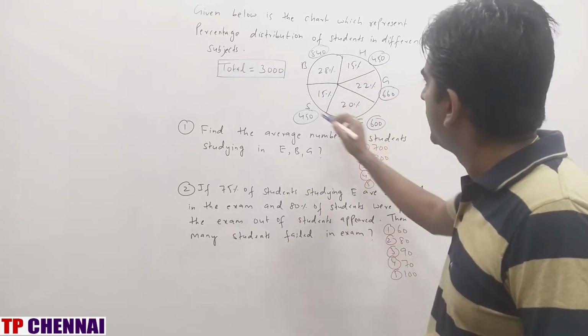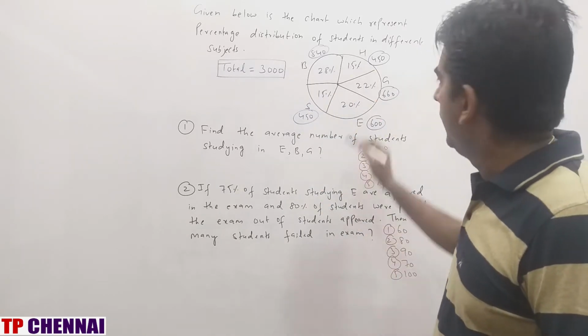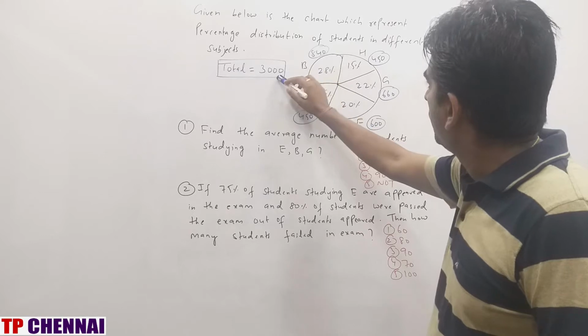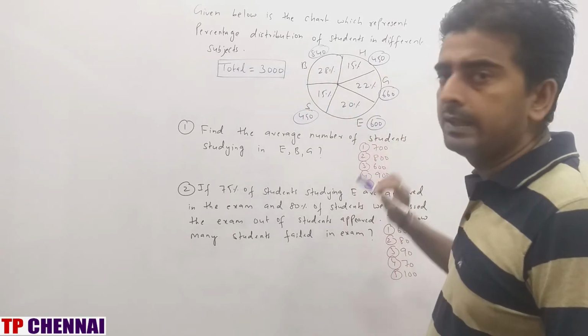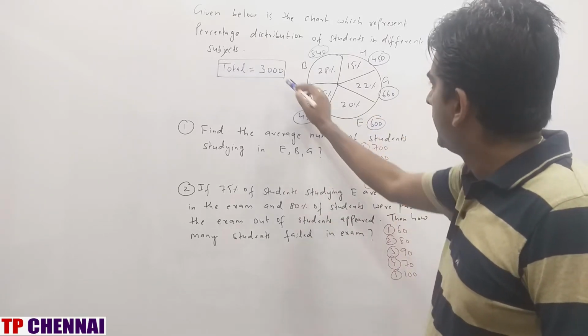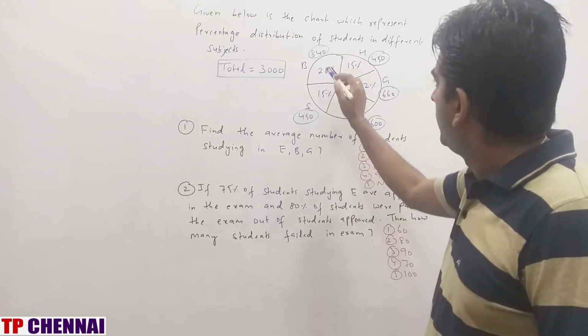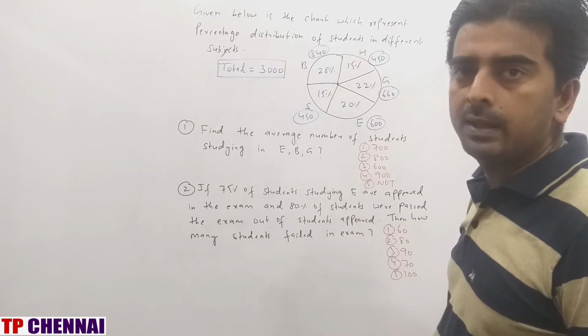The total they have given you is 3000, so I have just converted. 15% of 3000 is 450, 22% of 3000 is 660, 20% of 3000 is 600, 15% of 3000 is 450, 28% of 3000 is nothing but 840. So based upon that they have asked questions here.